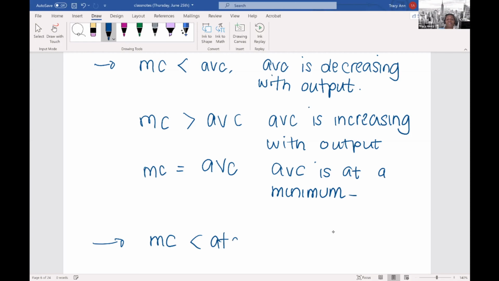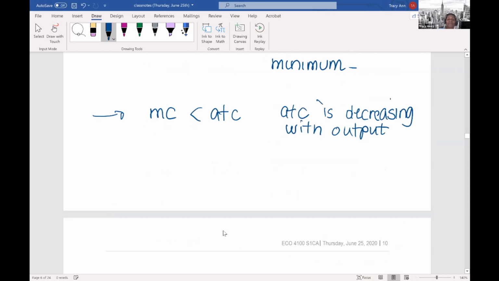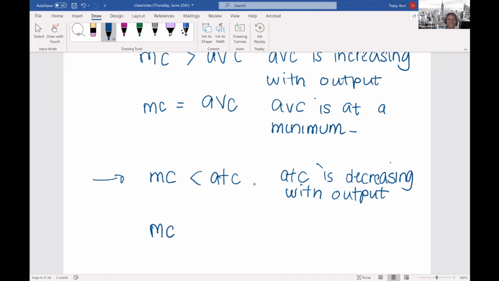Similarly, if my marginal cost is less than my average total cost, my average total cost is decreasing with output. If my marginal cost is greater than my average total cost, then my average total cost is increasing with output.